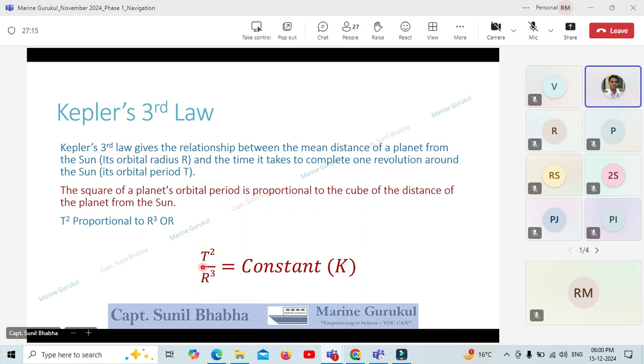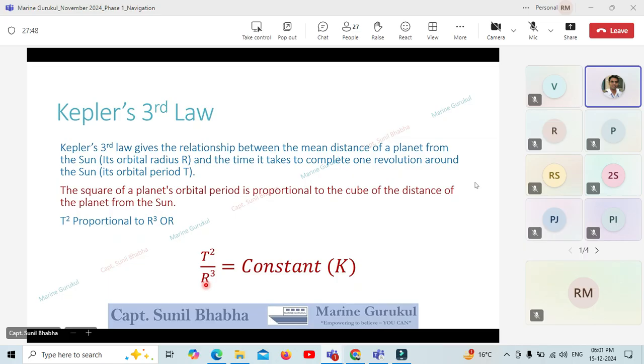T is the orbital period of a planet. Let's say, for example, if you take the case of the Earth, the orbital period is 365.25 days. And R is the mean orbital radius of a planet. In the case of Earth, the mean orbital radius of the Earth's orbit around the Sun is 93 million miles, or 93 into 10 raised to power 6 miles.